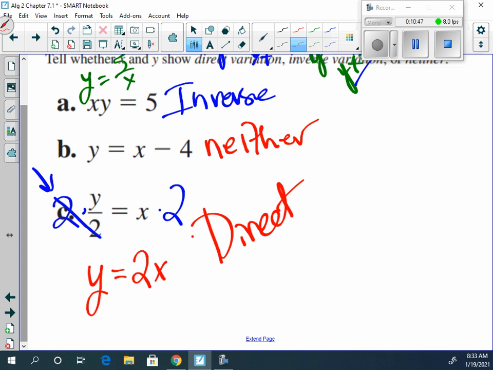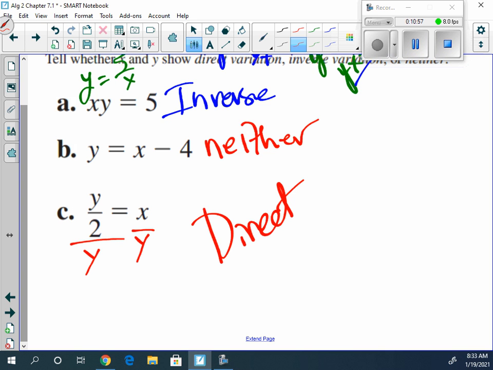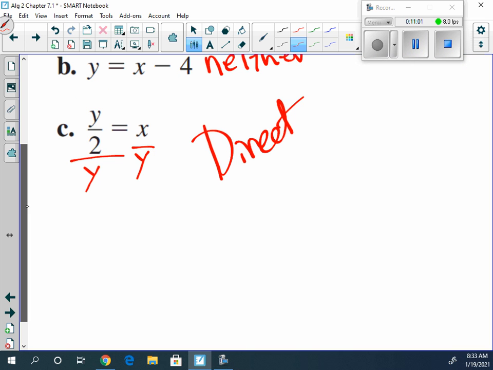Let's do it the other way. Let's do it the way you were saying. So I'm going to erase this here. So let's say we divided both sides by y. This is a little bit weird because y and y would cancel here, but what that leaves us with is 1/2 is equal to x over y.